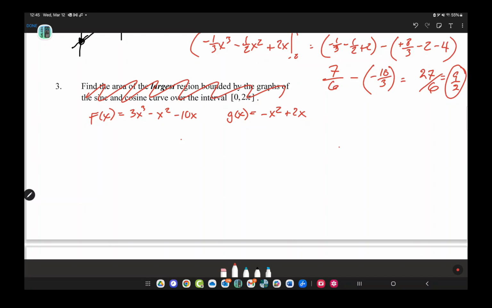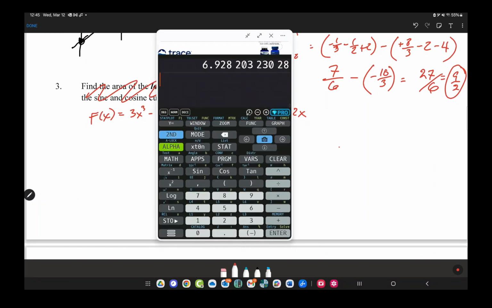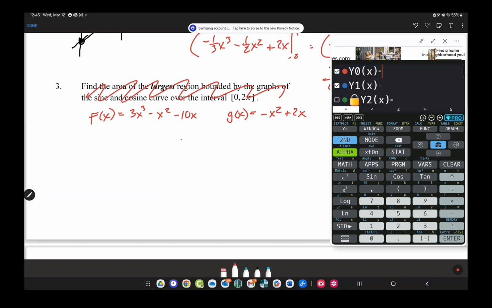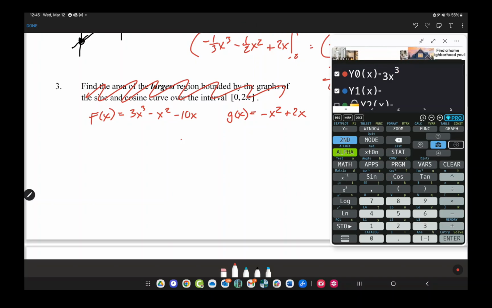So let's look at the graph first. 3x cubed minus x squared minus 10x, and we have negative x squared plus 2x.